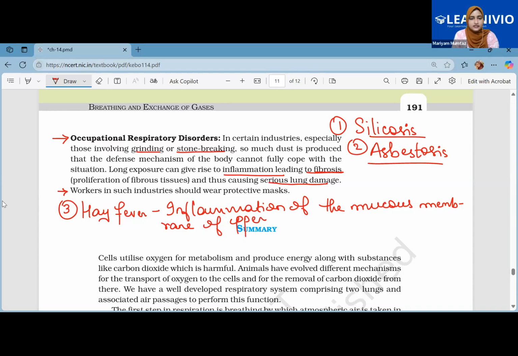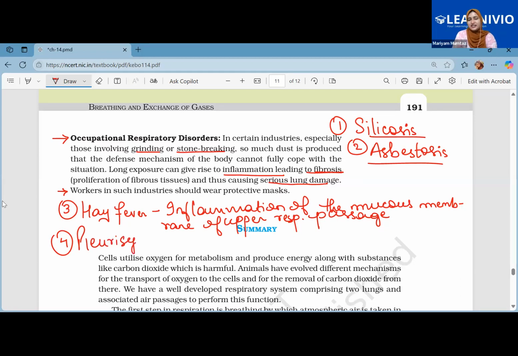Now one more disease, pleurisy. Pleurisy is when the pleural membrane is affected. What is a pleural membrane? The one covering the lungs. Right, the pleura. So pleurisy is the inflammation of that pleural membrane.